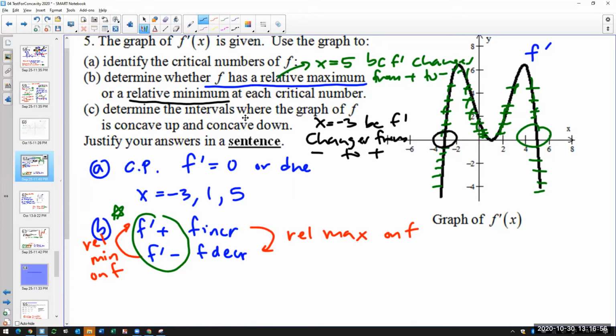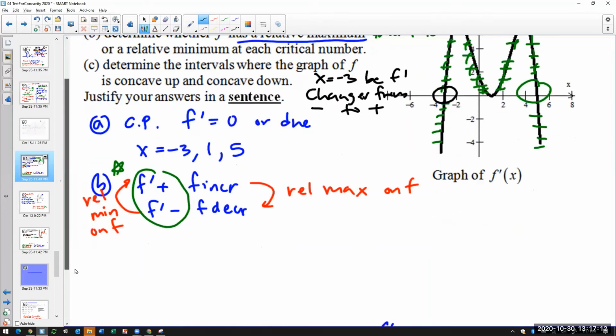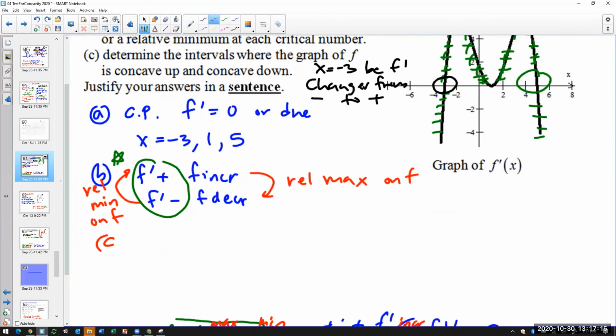Tell me, what are the intervals when I'm concave up and concave down? Relative max, relative min, increasing, decreasing, those are all first derivative things. Concave up, concave down, POIs, those are all second derivative keywords. So let me go to my second derivative keywords. This is really called the concavity test, but it should be called the second derivative test.